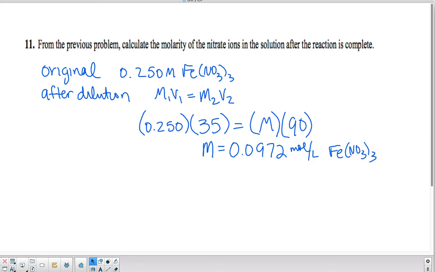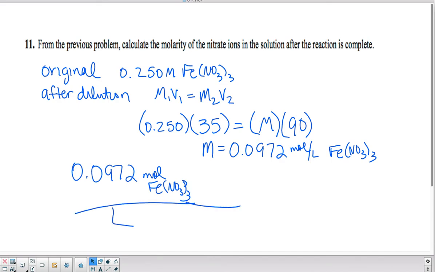So now how do we find just the concentration of our nitrate? This is moles of FeNO3 per liter. What do I want for every 1 mole of FeNO3? I want just nitrate ions.